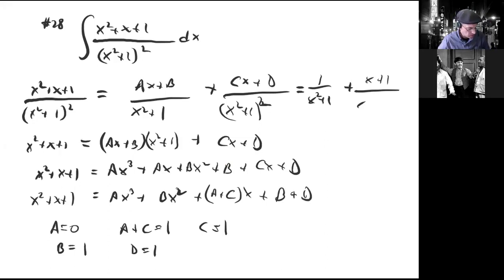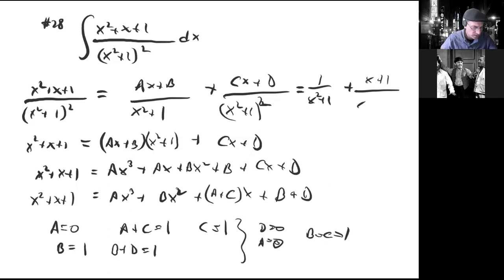And this leads to different equations, of course. So it's b plus d equals 1, b equals 1, a equals 0, a plus c equals 1, c is 1. So if you do this, what you will get is d is in fact 0, a is in fact 0, and b equals c equals 1.